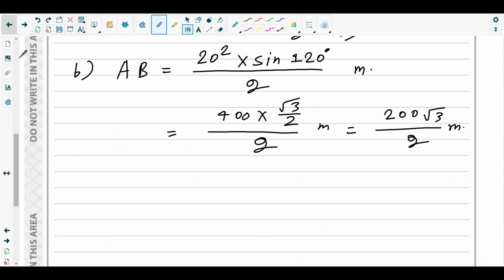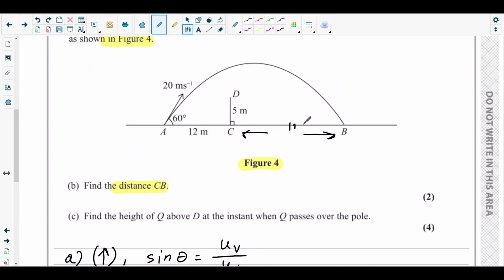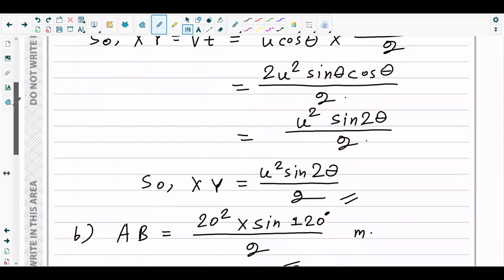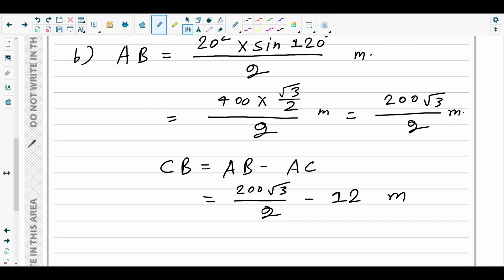The question is asking to find the distance of CB. So the distance CB would be AB minus AC. The distance AB is 200 square root of 3 over g, minus the distance AC, which is given as 12 meters.